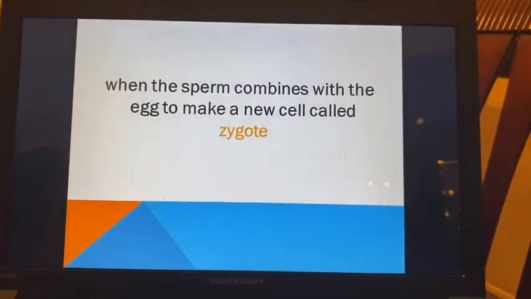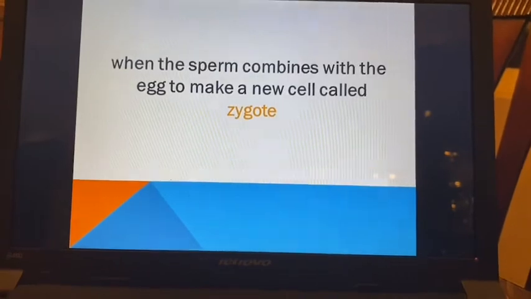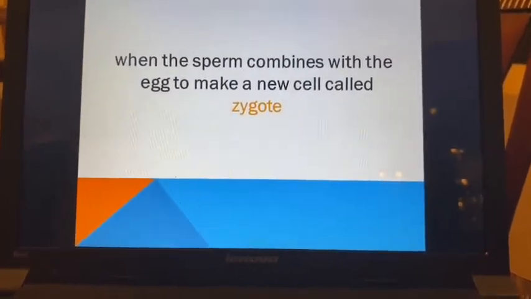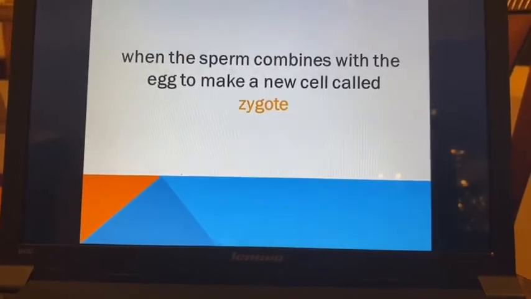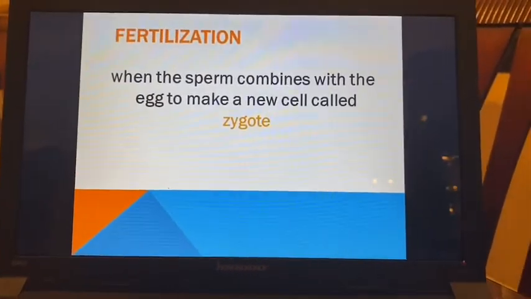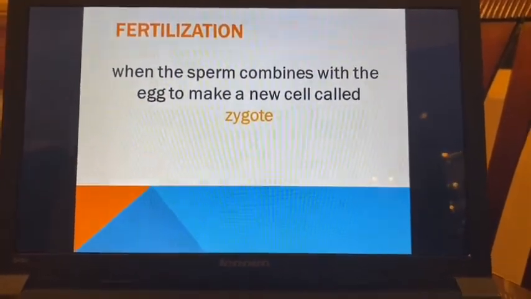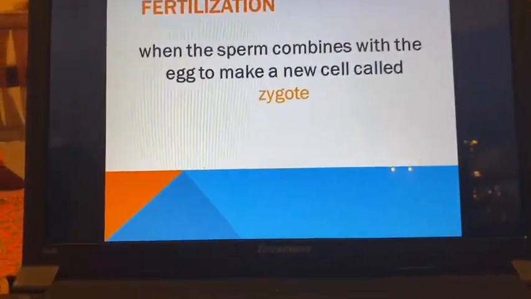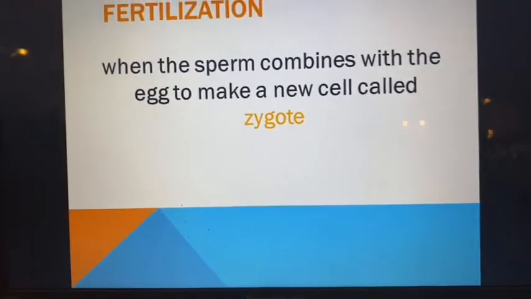Okay, when the sperm combines with the egg to make a new cell, the new cell is called zygote. It is called zygote. Okay, and this is called fertilization. Remember, sperm plus egg, they will give out the zygote.